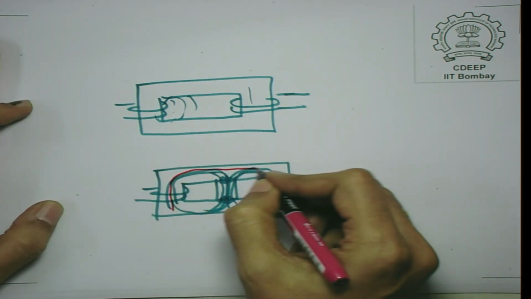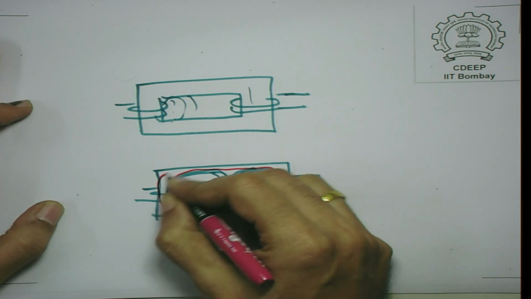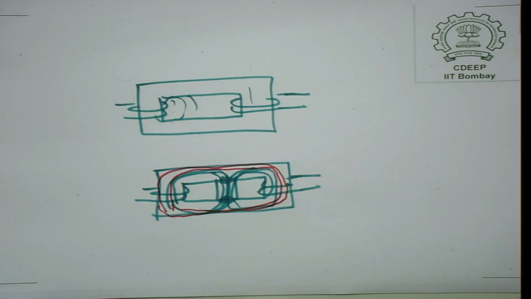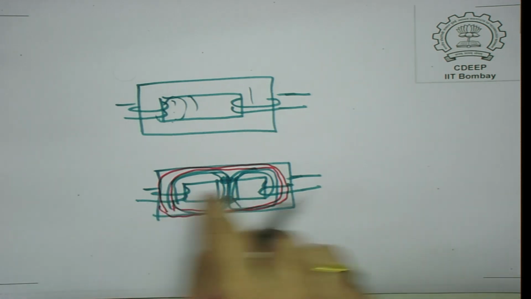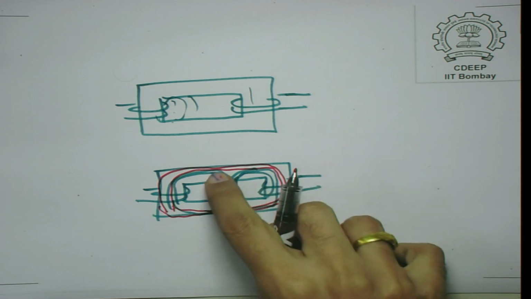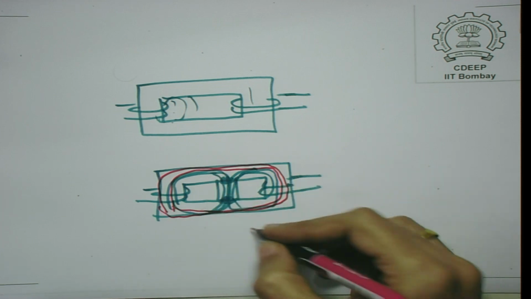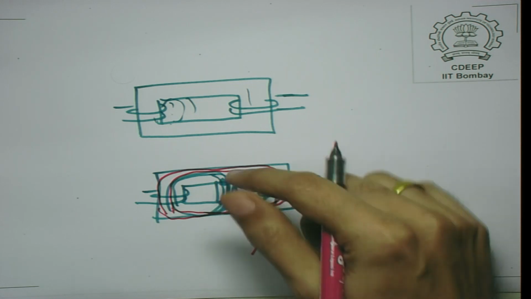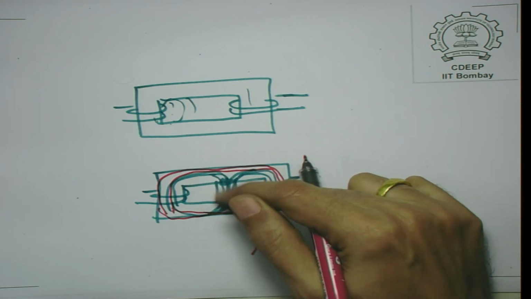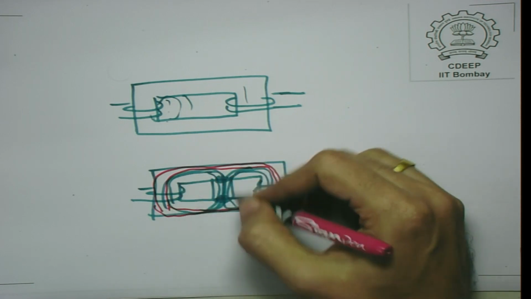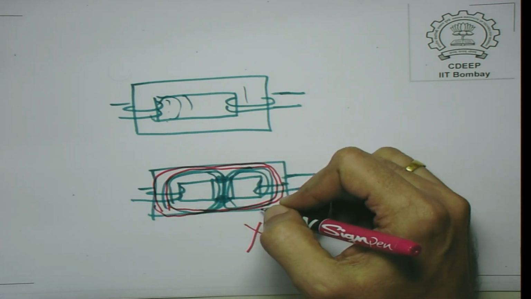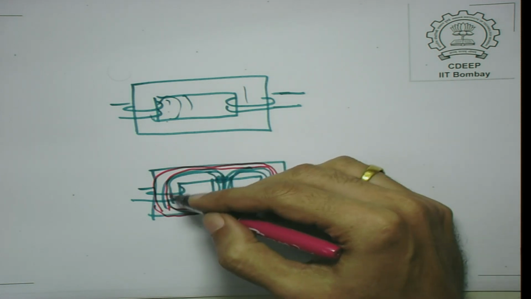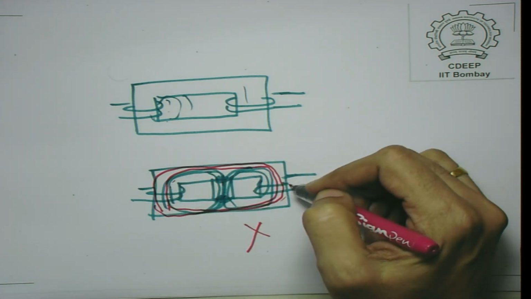Of course, there will be flux in this path also. This arrangement, where you have two windings on two limbs and a third limb is also created, is not a good transformer because a significant portion of the flux is leakage flux, since it does not link both the coils. If this coil is excited, some flux flows like this and some flows like this and does not link this coil.